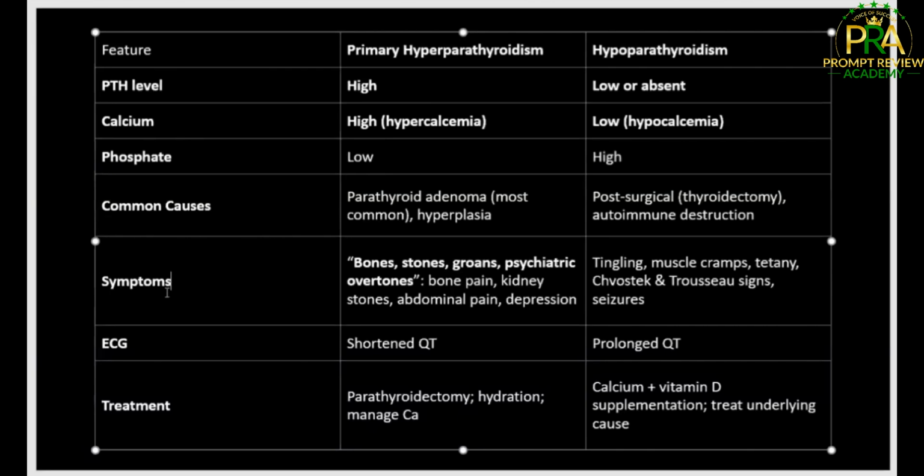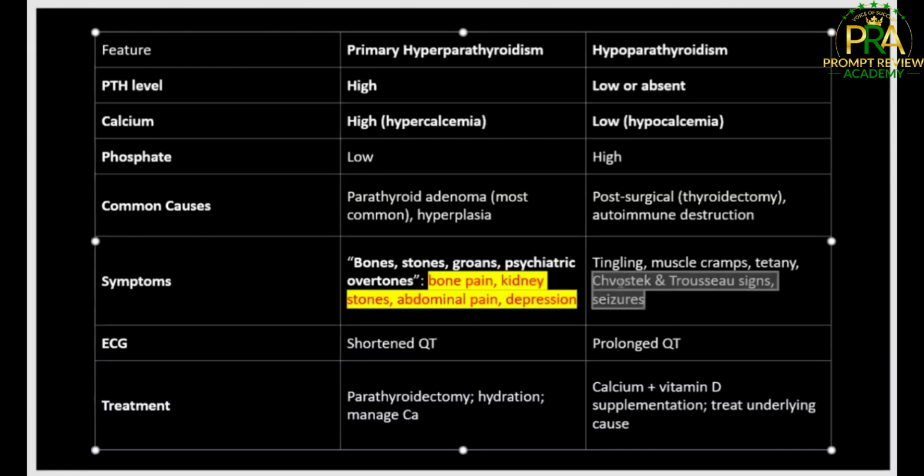Okay. So what are the symptoms which we emphasize a lot? They have a lot of bone pain, kidney stones, abdominal pain, depression. But under hypoparathyroidism, it is all about Chvostek sign, Trousseau sign, tetany, muscle cramps, tingling.